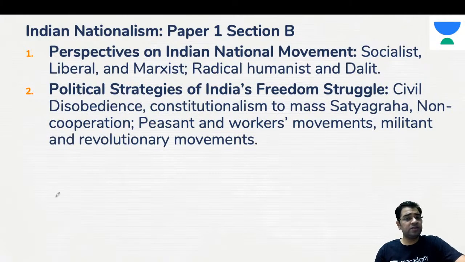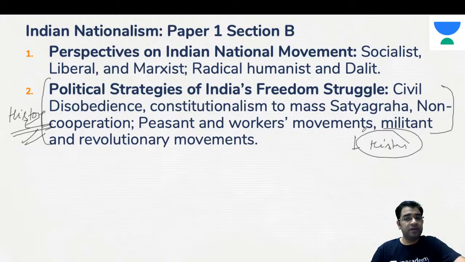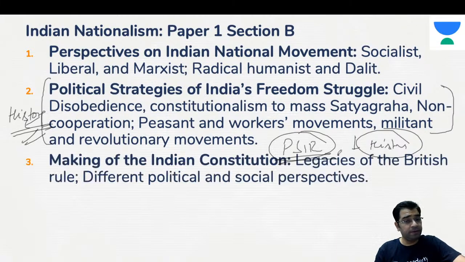Then political strategies of the Indian freedom struggle, directly from your modern India history. Directly. You don't have to do anything. You have already done it in history, or if you are doing it here, you don't need to do it in history. This section of modern Indian history is not required to be done in paper 1. We will be doing it directly in the PSIR paper.